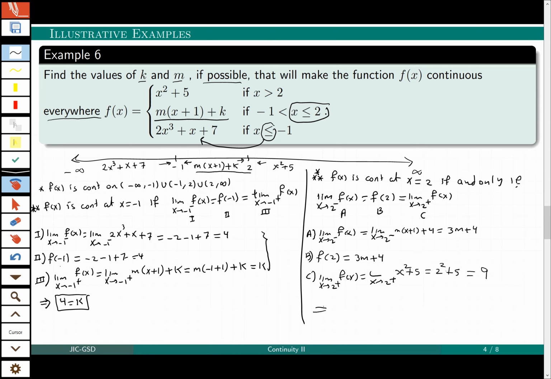So we conclude from these three conditions that 3m plus 4 must be equal to 9, which means 3m must be equal to 5. Then dividing by 3, we get m is equal to 5 over 3. So the values of k and m which make the function continuous are k equal to 4 and m equal to 5 over 3.